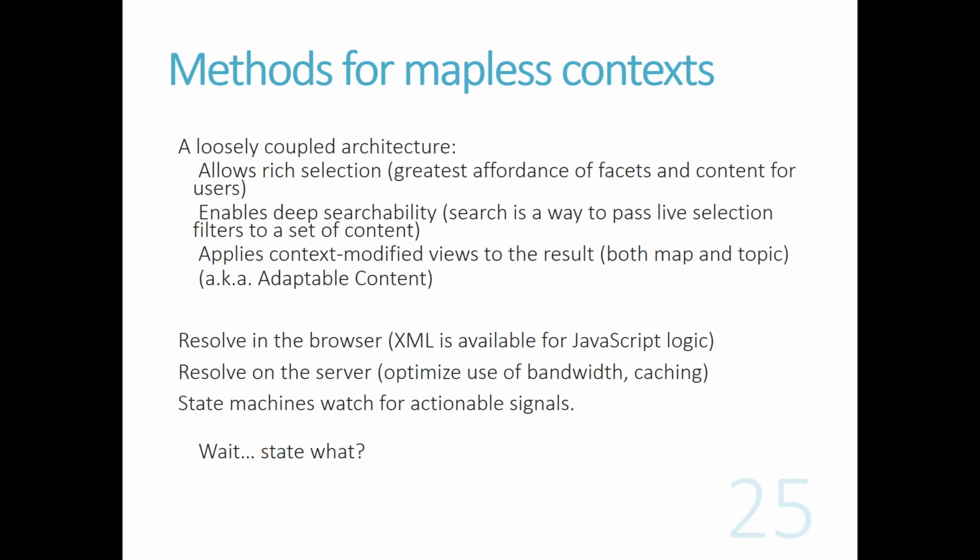When you have mapless content, you're able to resolve it in the browser, for example, where the XML is available in the browser for JavaScript to operate on. And there are several good examples of that out there.